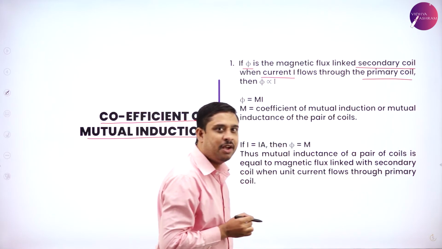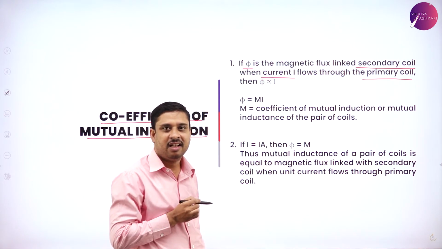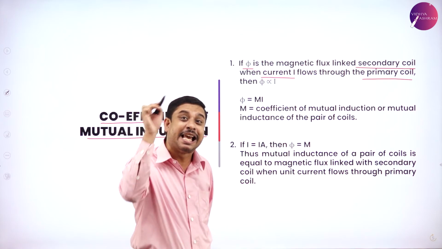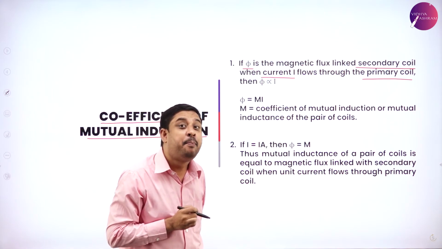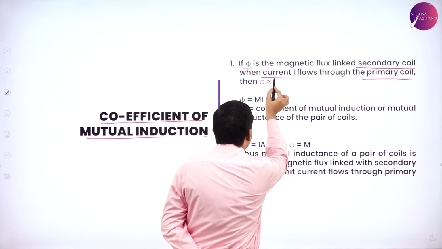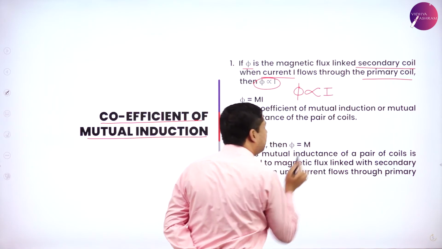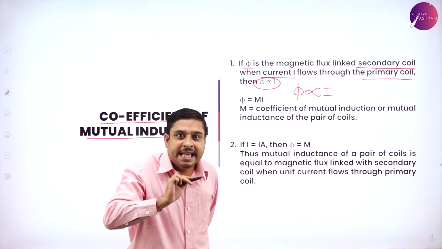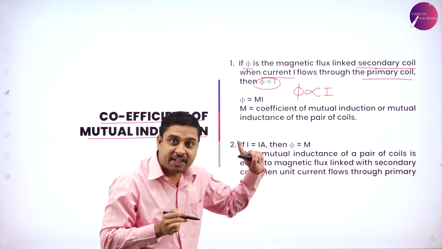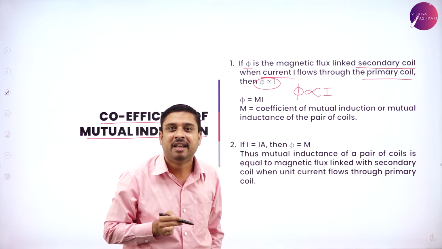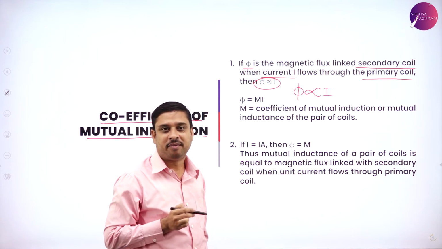Then phi is proportional to I. Increase the strength of the current in the primary coil, the deflection in the galvanometer is more, which means the change in the flux across the secondary is more.